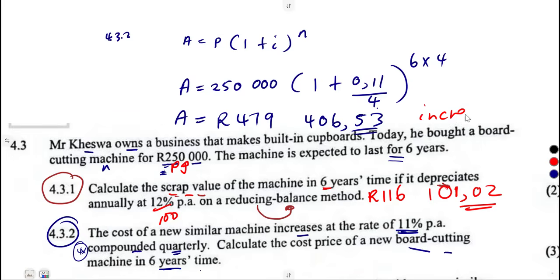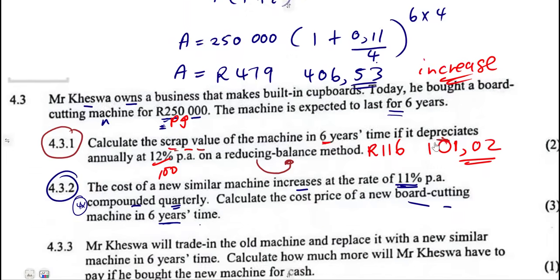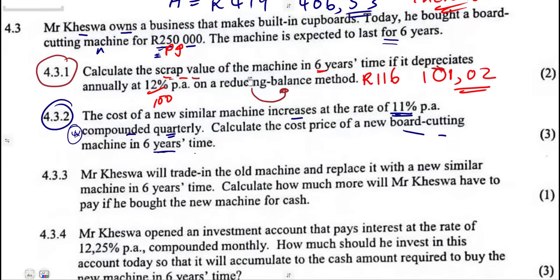There was an increase in terms of the value. But when it is being used along with time, it is depreciating. But a similar machine, when it is not being used, is increasing in terms of value. So be very careful when answering your questions.